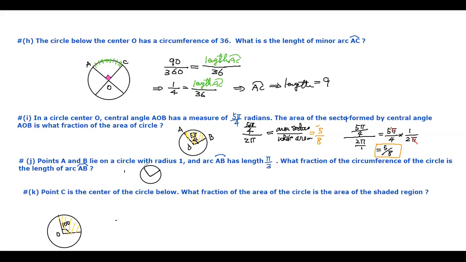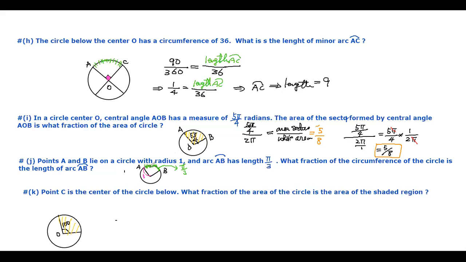So here, this is A and B. And the arc length, the arc of A and B. So that means if this arc, the length of A and B, is pi over 3, and the radius here is 1.